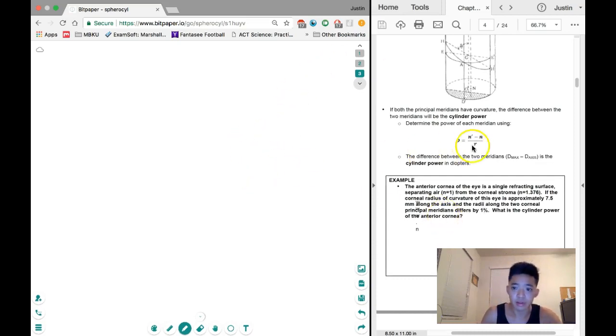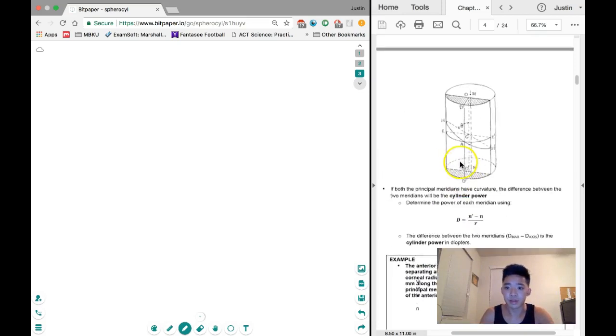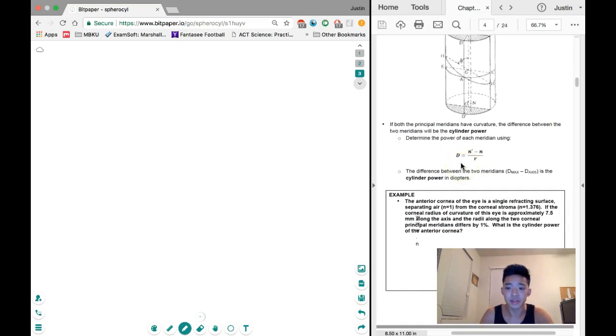This is a practice problem that gets you to think about how to calculate cylinder. And remember that cylinder power is the difference in the two primary meridians. So this looks like a long problem. It's a pretty interesting, challenging problem.